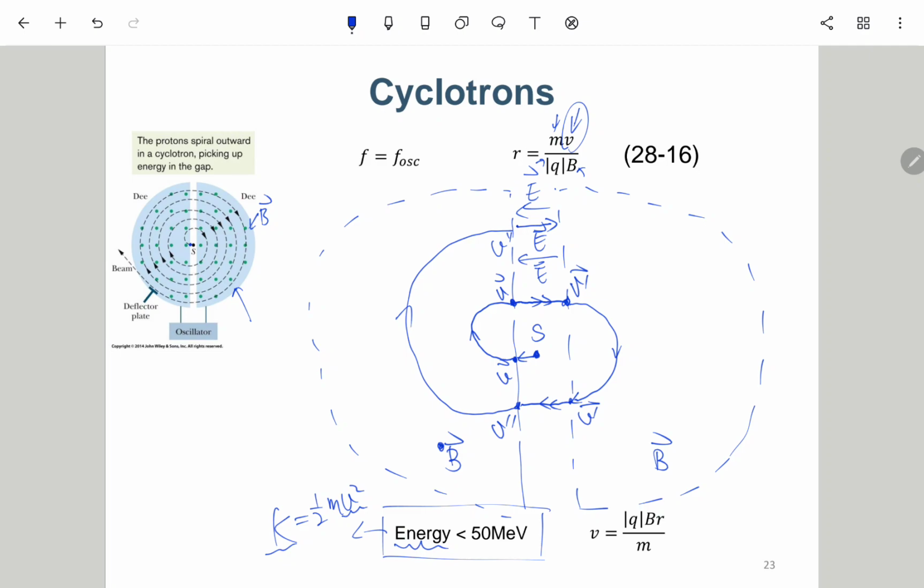In such a way, we need to either increase the radius of the circular motion, or increase the B field. But generating a B field in a very large area will be very power consuming. So this is the limitation for the synchrotron.